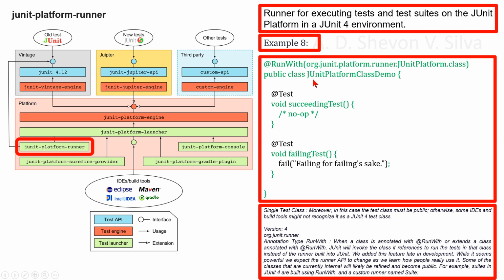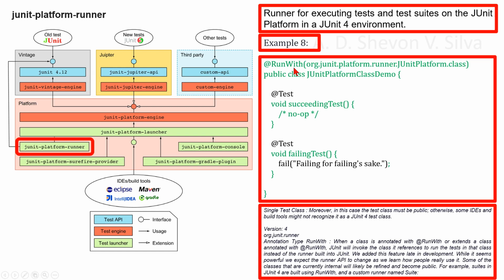The annotation type RunWith is in org.junit.runner, in version 4. When a class is annotated with @RunWith, JUnit will invoke the class it references to run the tests in that class instead of the runner built into JUnit.